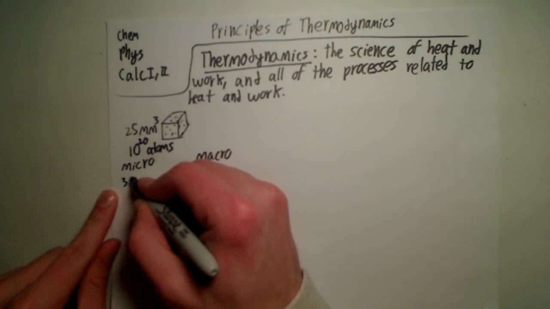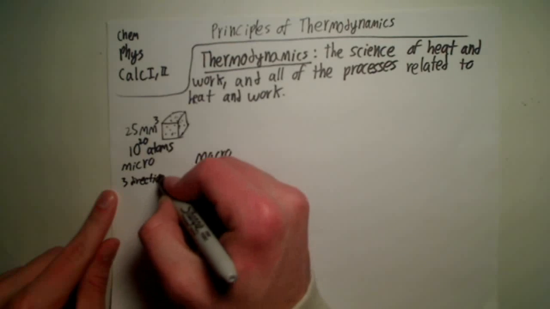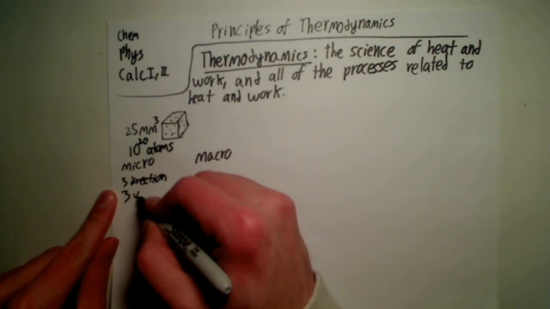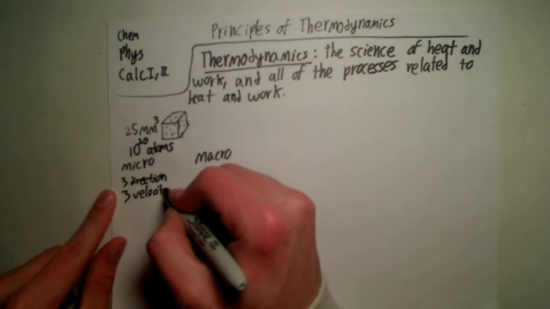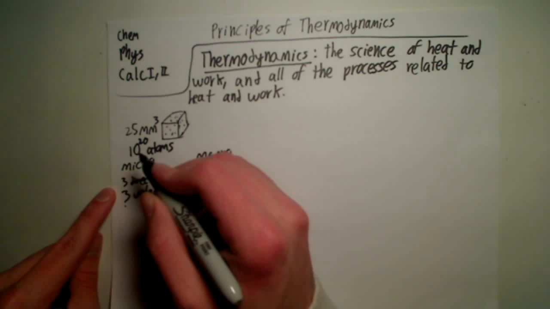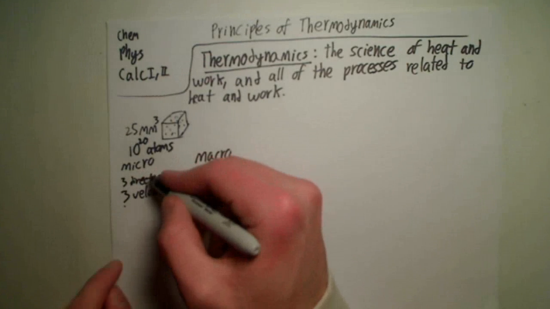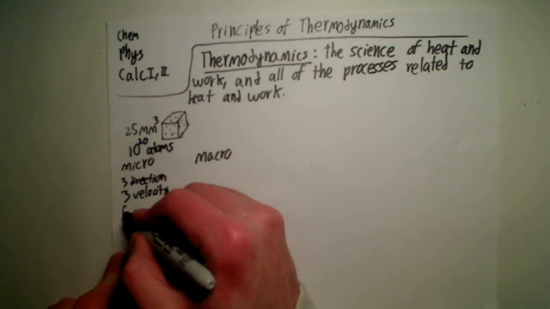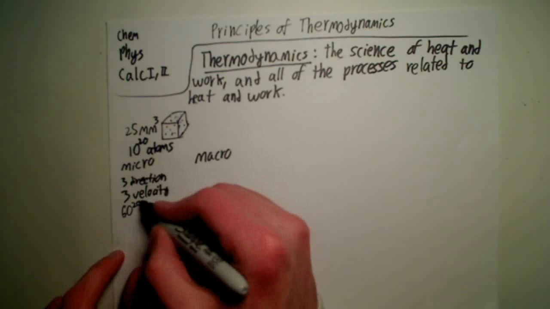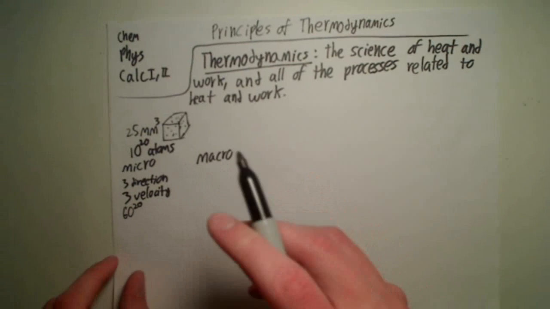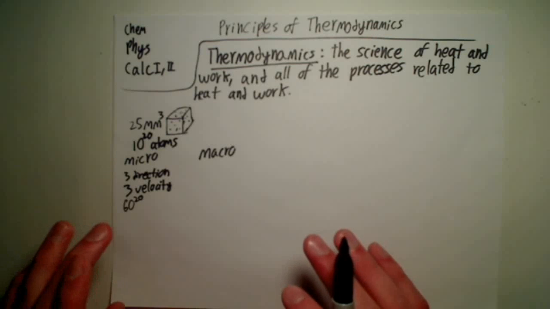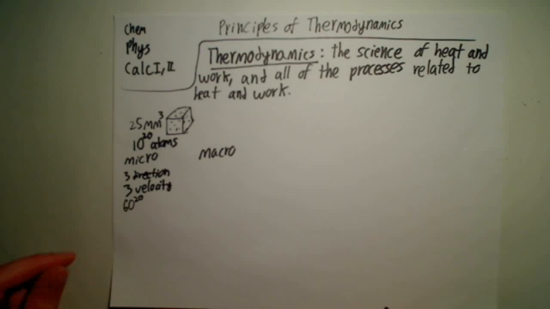That's three positions, three velocities, and that's for every single one of these atoms. That's a 6 right here. So that's 6 times 10 to the 20th different calculations we would have to do to define what this block is using the microscopic approach. And that is way too much for anyone to really ask of you.